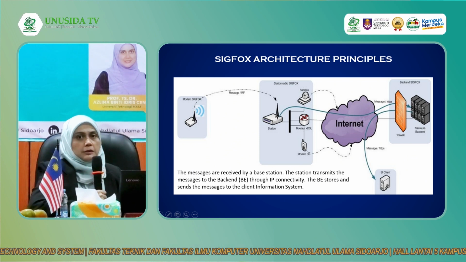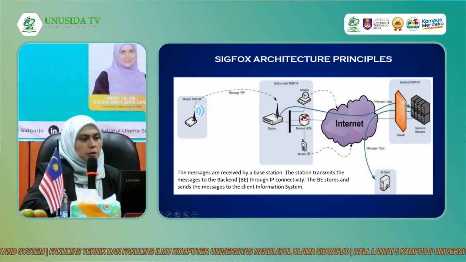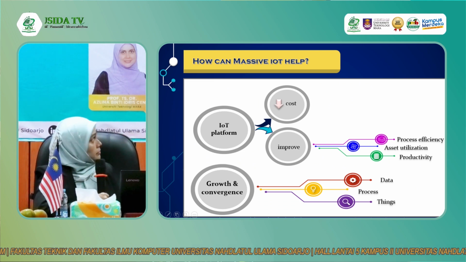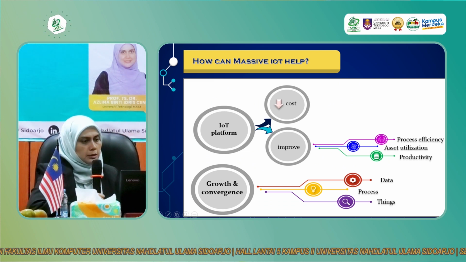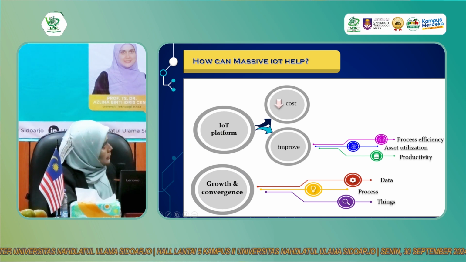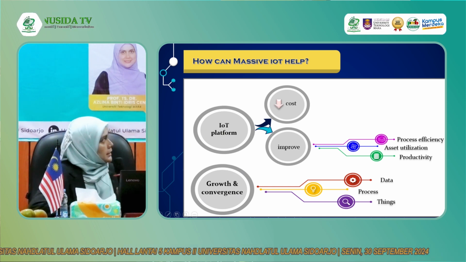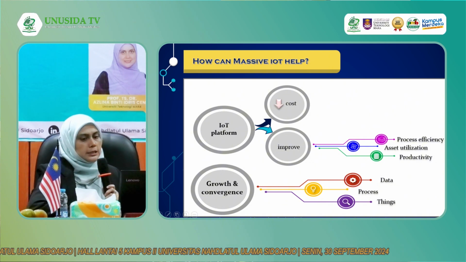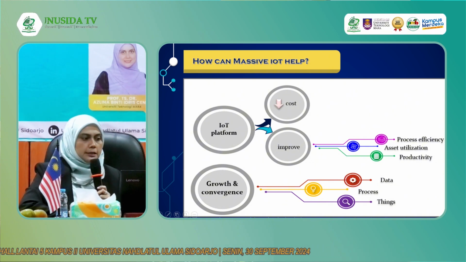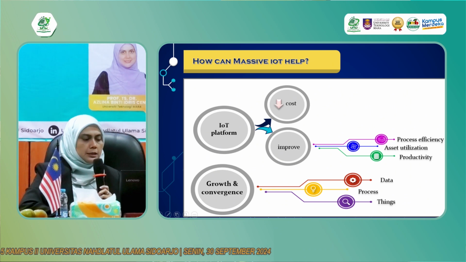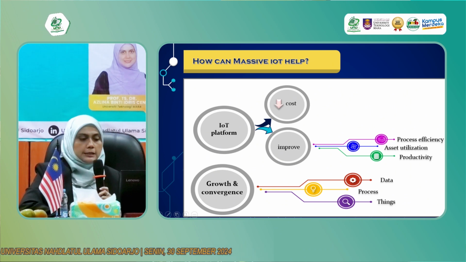And how can massive IoT help us? So by using an IoT platform, it can reduce cost, and at the same time can improve process efficiency, can improve asset utilization, can improve productivity. And the growth and convergence in terms of data, process, and also things.